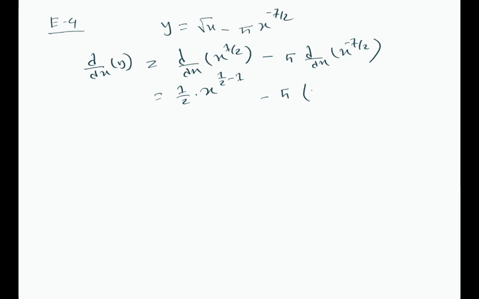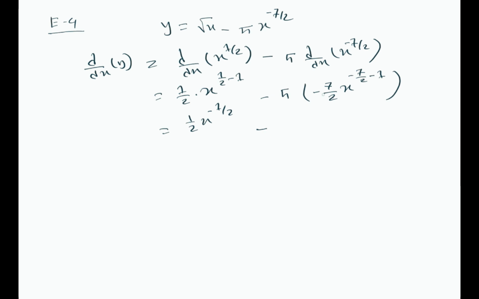We need to use the power rule here, so we bring down the exponent, negative 7 over 2, and then x to the power minus 7 over 2 minus 1. Okay, so I can simplify this and write 1 over 2 x to the power 1 over 2, because half minus 1 is actually negative half.